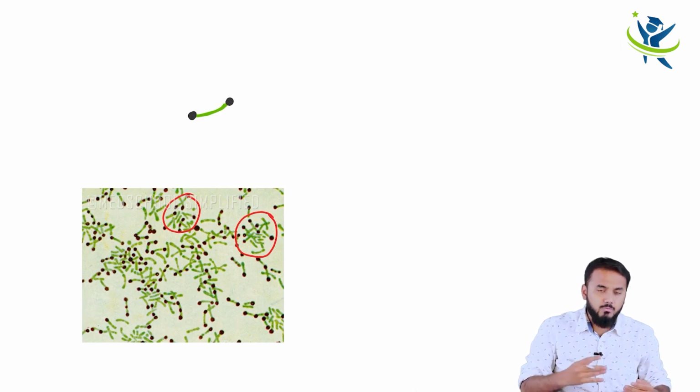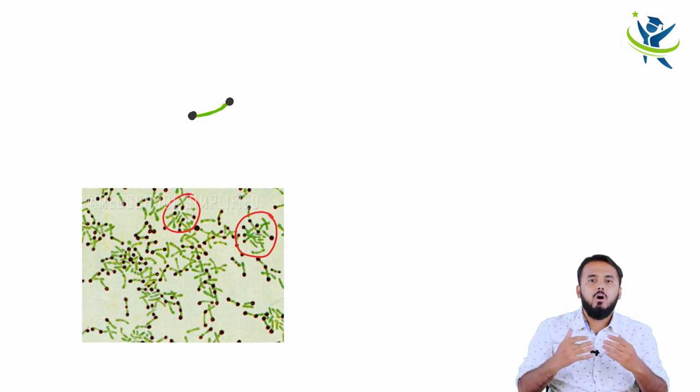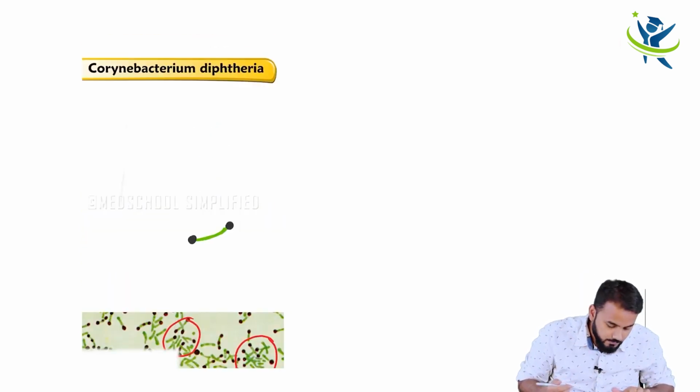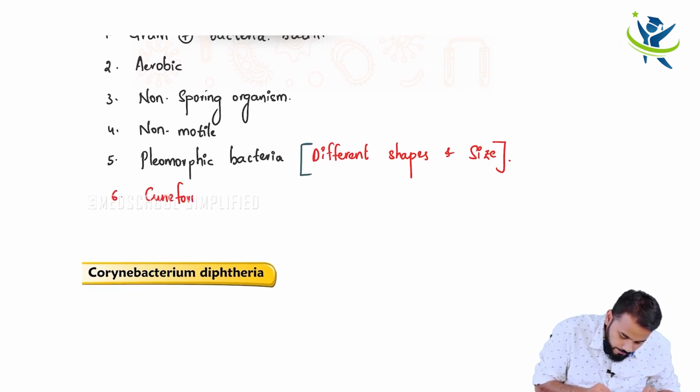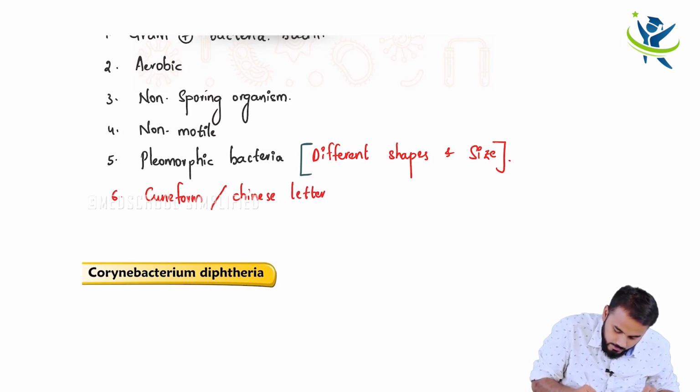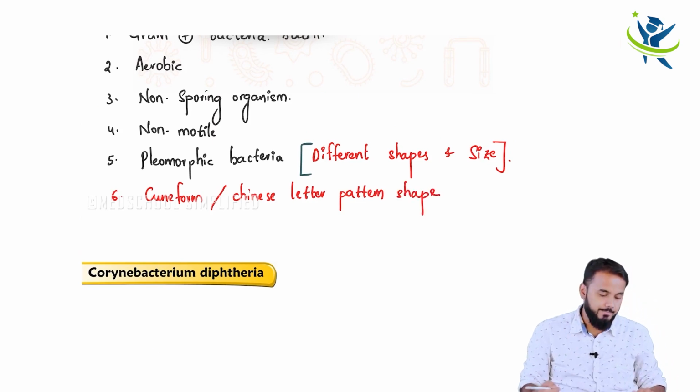So they are located in a cuneiform shape or Chinese letter pattern. So point number 6, they have a cuneiform or Chinese letter pattern shape.